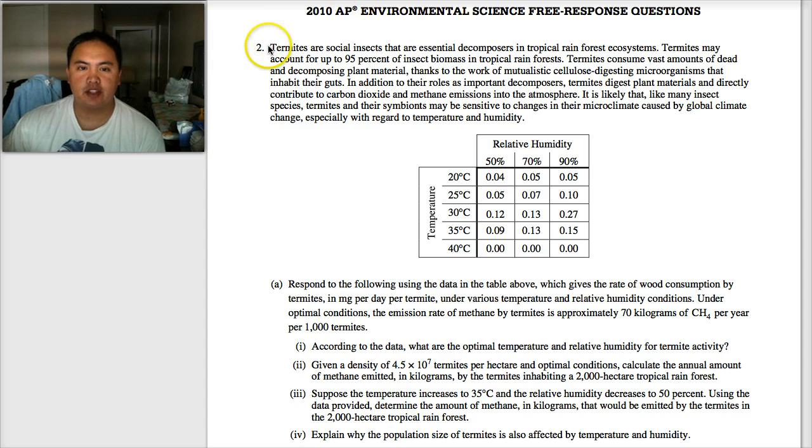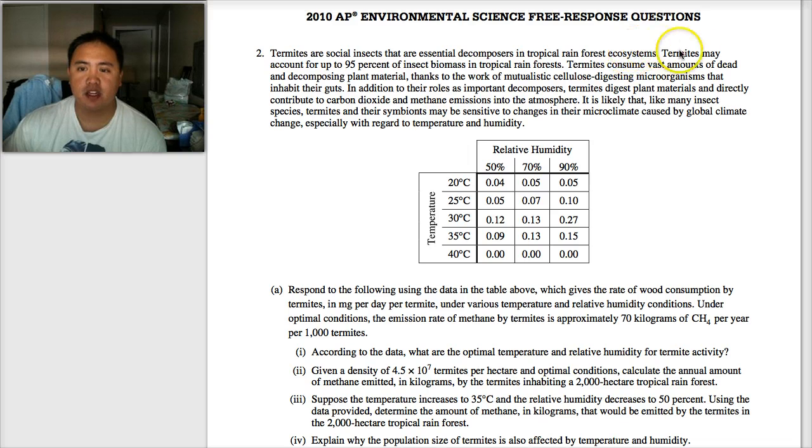It says, termites are social insects that are essential decomposers in tropical rainforest ecosystems. Termites may account for up to 95% of insect biomass in tropical rainforests. So that means, by biomass, or sort of by weight standards, 95% of the insects are termites. Termites consume vast amounts of dead and decomposing plant material thanks to the work of mutualistic, cellulose-digesting microorganisms that inhabit their guts.